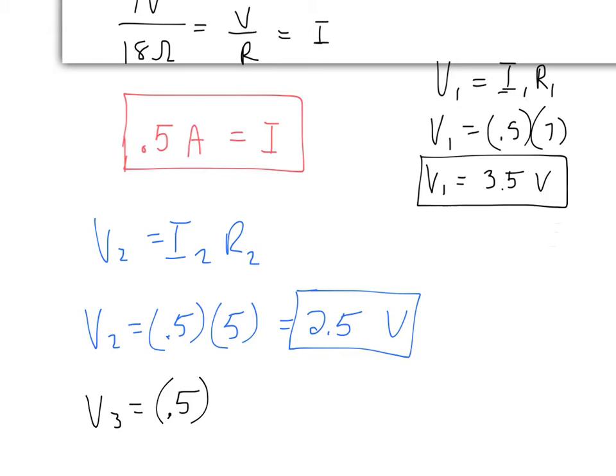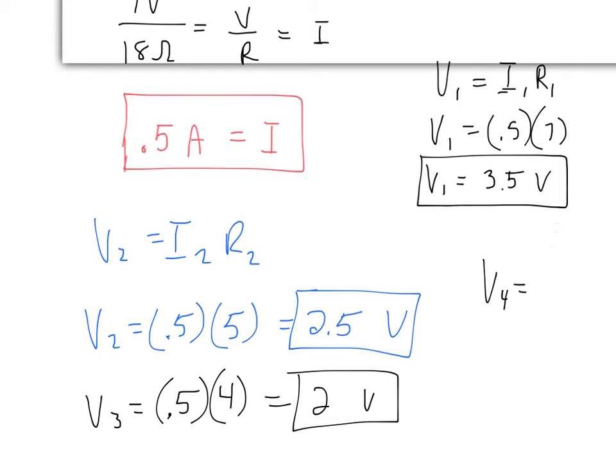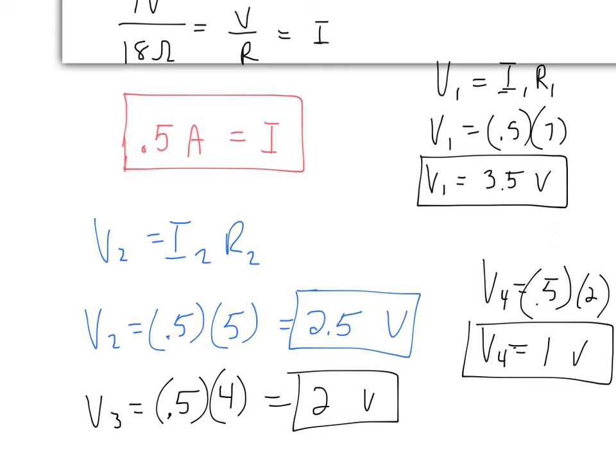So we had 7 ohms, then 5 ohms, then 4 ohms, and then V4 is going to be that times the last resistance, 2. So look at your 4 voltages, please.